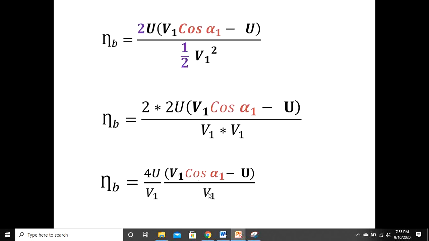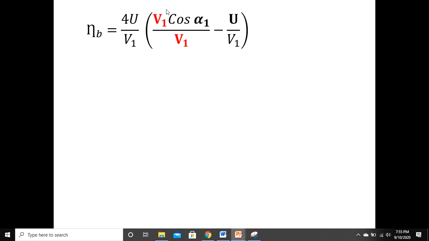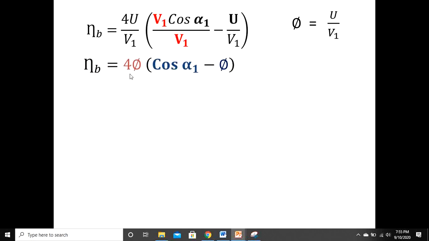So V1 will be common, U by V1. Next, phi is equal to U by V1, and 4 phi times cos alpha 1 minus phi. Therefore, blade efficiency is equal to 4 times phi cos alpha 1 minus phi square.